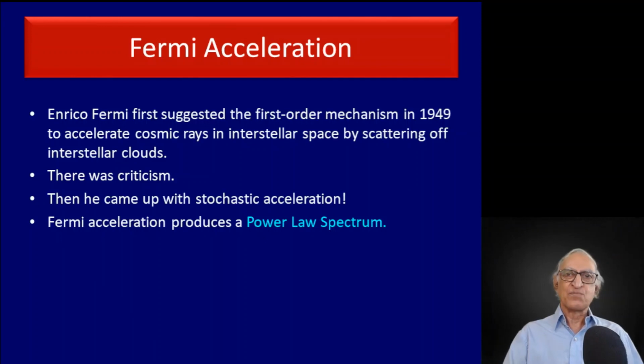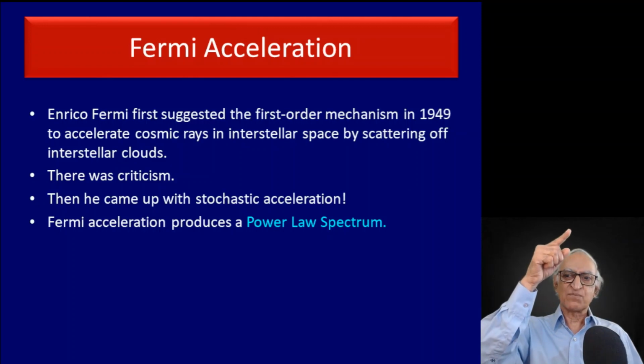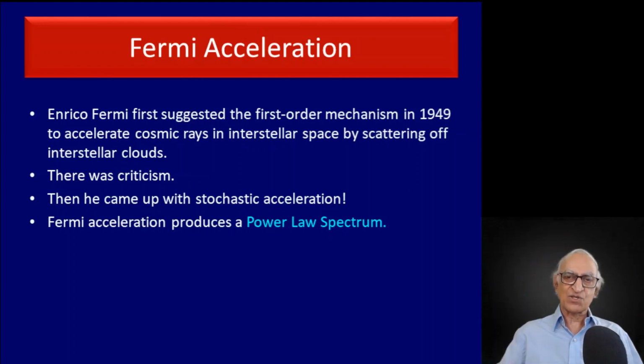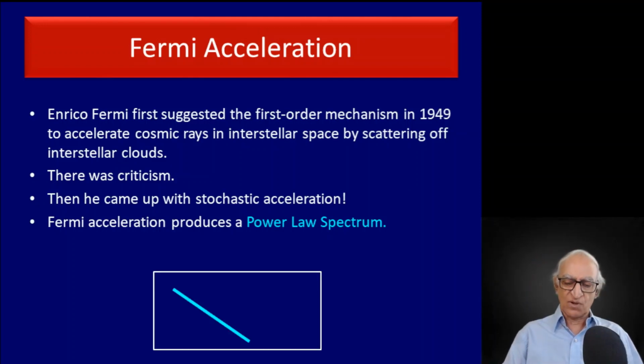And the beautiful thing about the Fermi acceleration mechanism is that it gives you a power law spectrum of electrons. What I mean by that is that if I plot the number of electrons on the y-axis and the energy of the electron on the x-axis, then the number of electrons falls like this, and it is a power law.